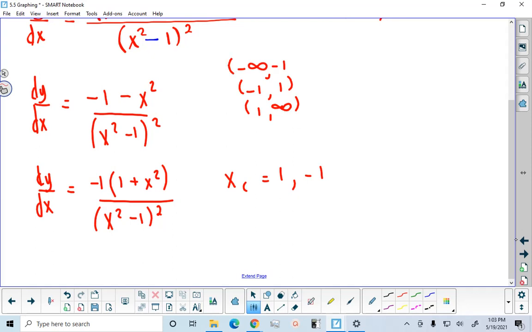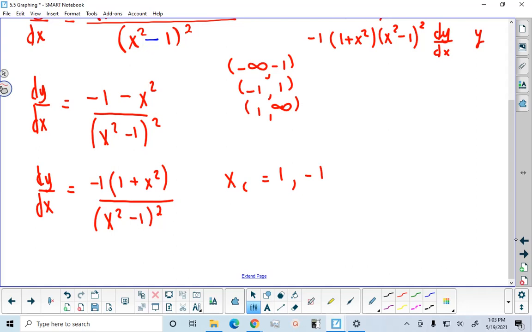Across the top, we are going to have negative 1, 1 plus x squared, and then x squared minus 1 squared. The product of these, well, there's a quotient involved, but we're going to use those columns to determine what the derivative is, to determine what y is doing.